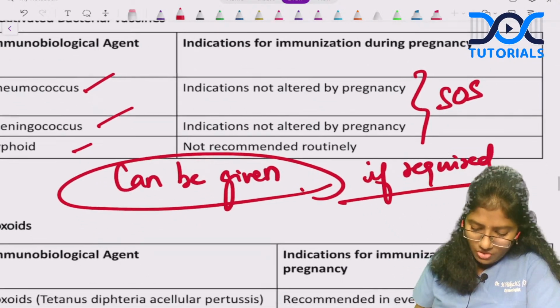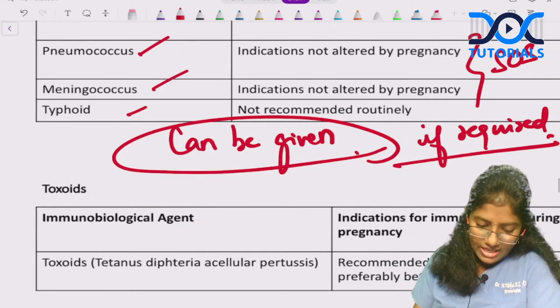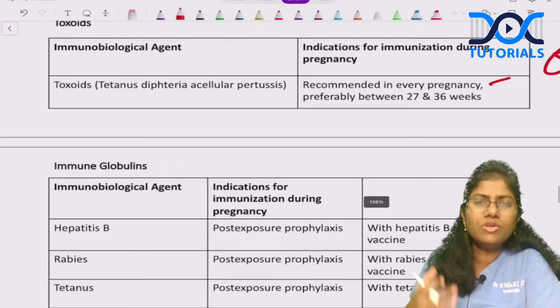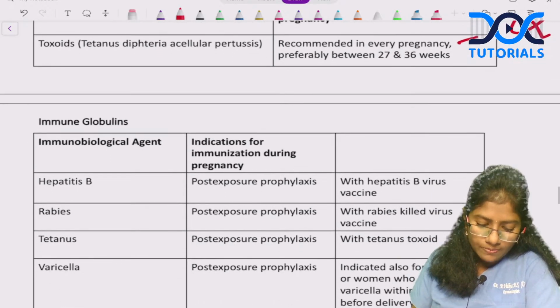Now coming to immunoglobulins. So toxoids and immunoglobulins. What all immunoglobulins can be given during pregnancy? Almost all immunoglobulins can be given during pregnancy.